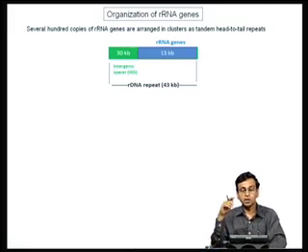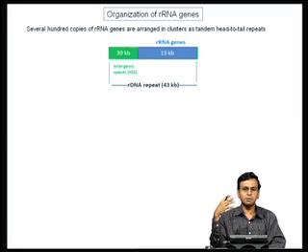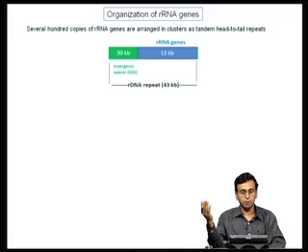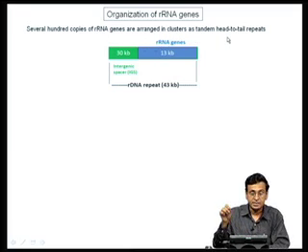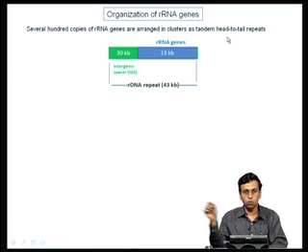As I told you, in order to synthesize these huge amounts of ribosomes which the cell requires to make proteins, the ribosomal DNA has to be present in multiple copies, and as I mentioned earlier, several hundred copies of ribosomal RNA genes are arranged in clusters as tandem head to tail repeats in the genome, and they are all present inside the nucleolus.